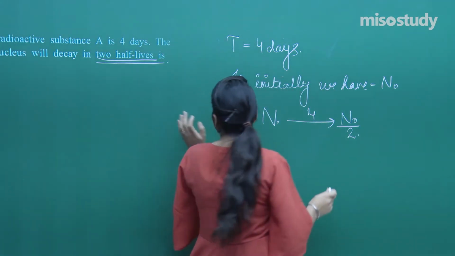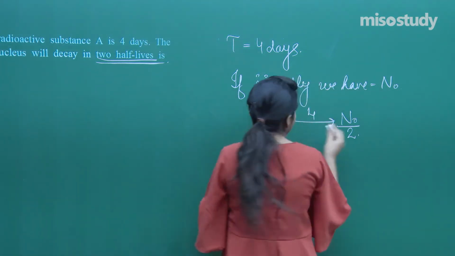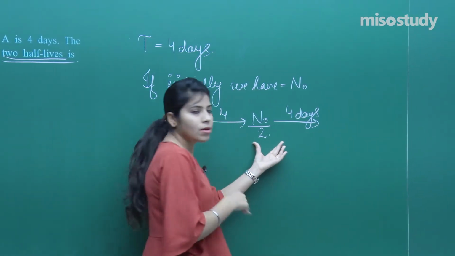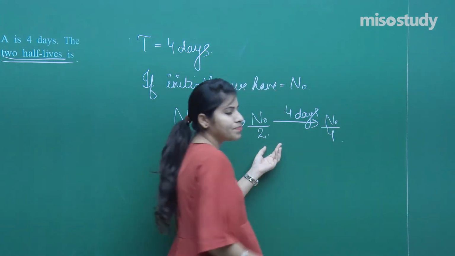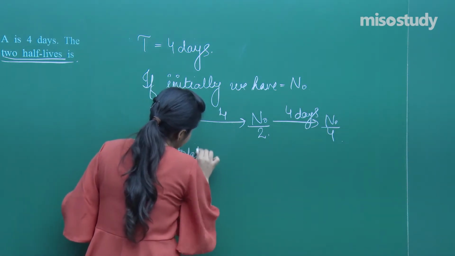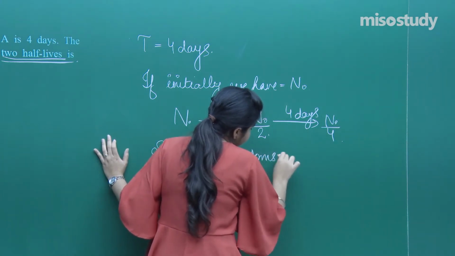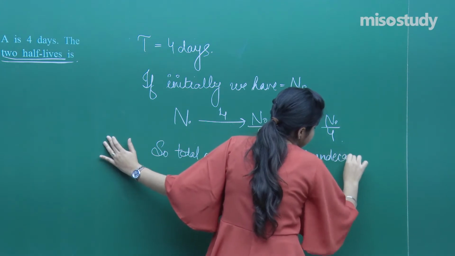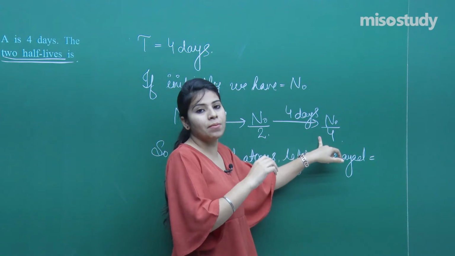Now again, because in the question we have been given 2 half-lives, the second half-life will be, again after 4 days, it will become half of this. So that means it will become n naught by 4. So your total number of atoms that are left undecayed is 1 by 4th of the original number of atoms.